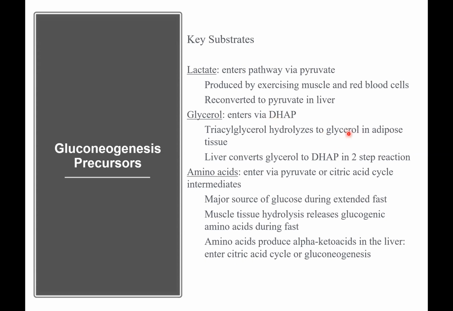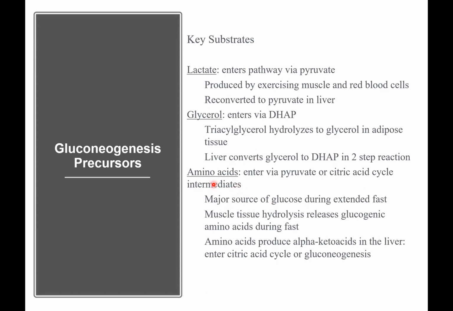So the glycerol moiety of a triacylglycerol can go have a gluconeogenic fate. The liver actually takes the glycerol and converts it to DHAP in a two-step reaction, and then on up through gluconeogenesis, i.e. glycolysis in semi-reverse.